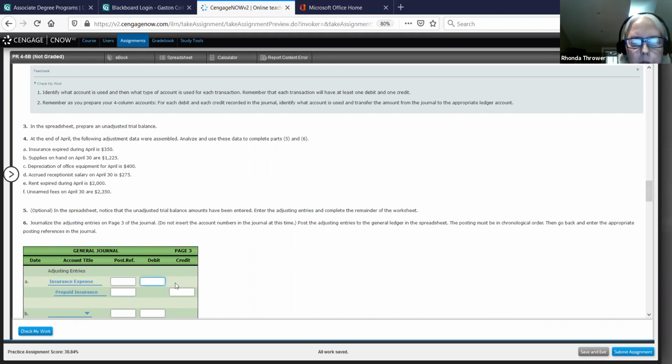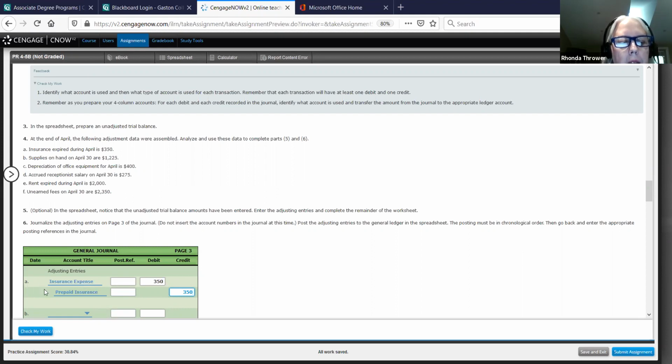And the amount that's used is $350. So this is the adjusting entry to record that the insurance has expired.